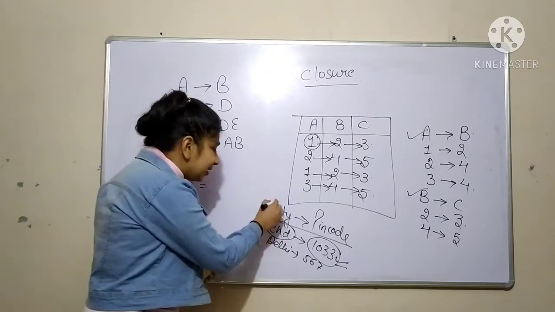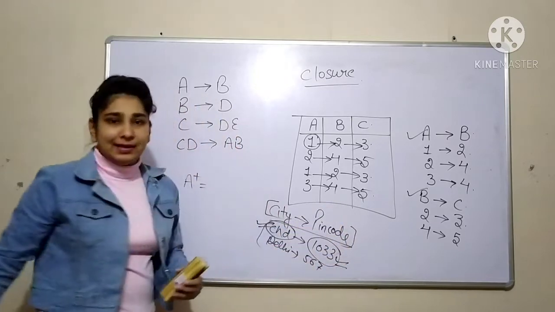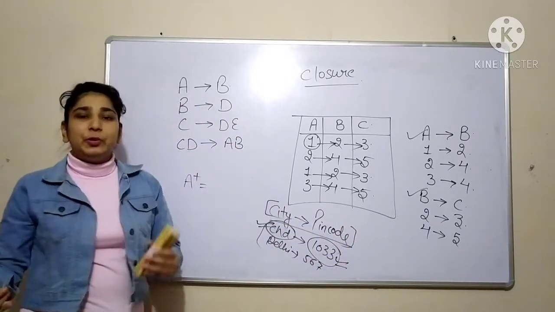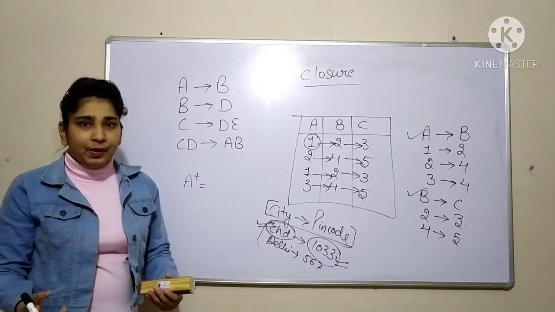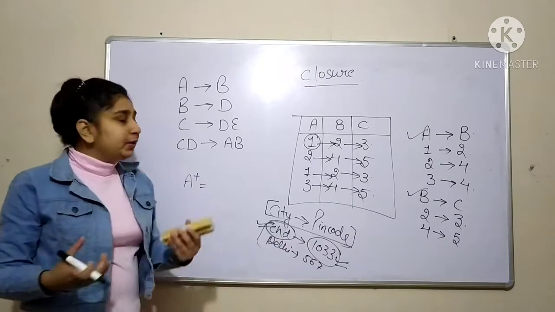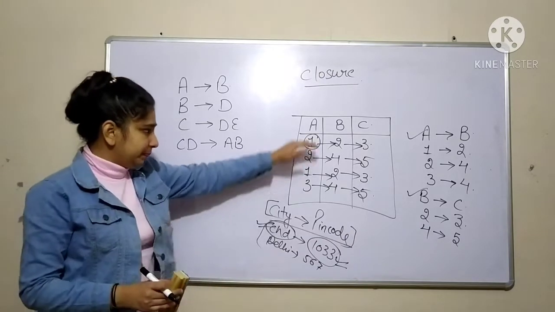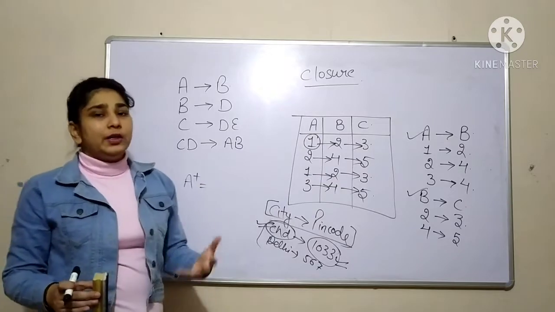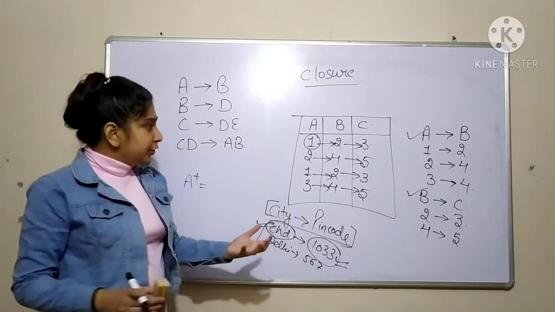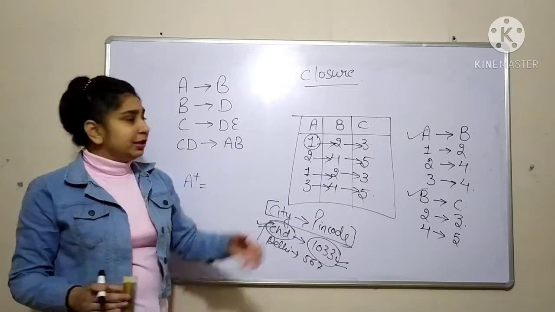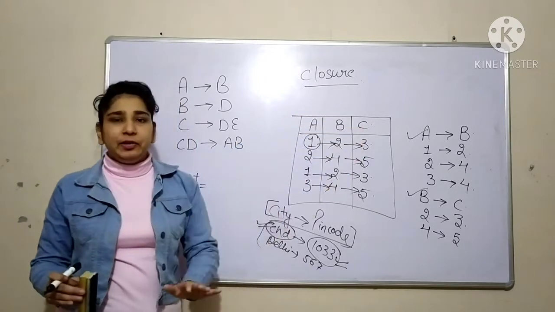Okay, and with just the help of these functional dependencies, we have to find out the candidate key. In real life, we don't have the data. When you are working on your software project, you would not have any data. You just have the knowledge of the attributes.